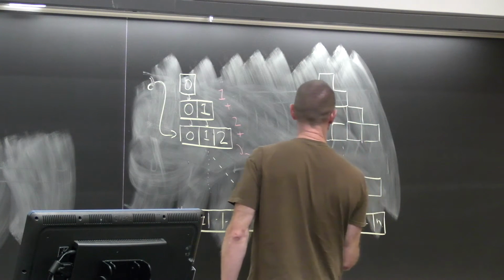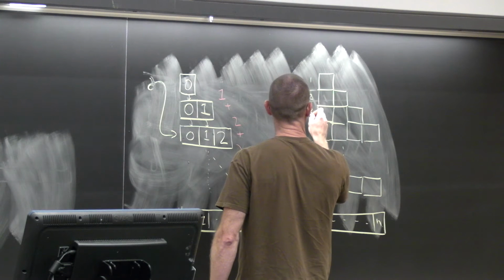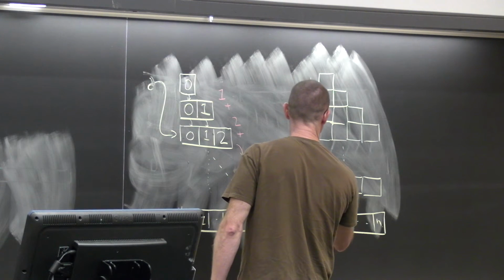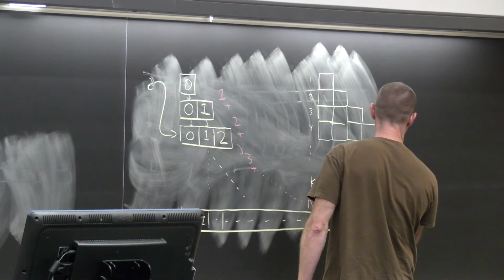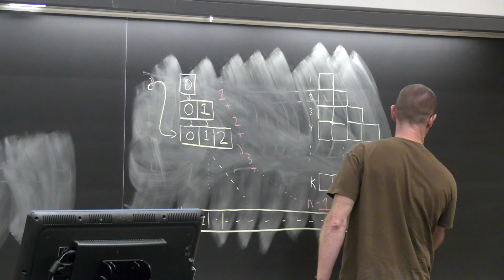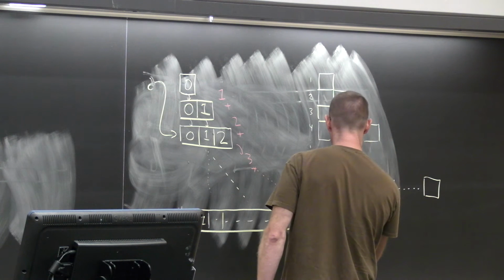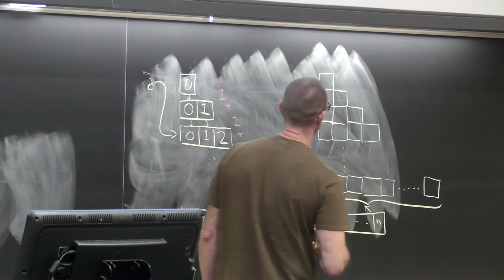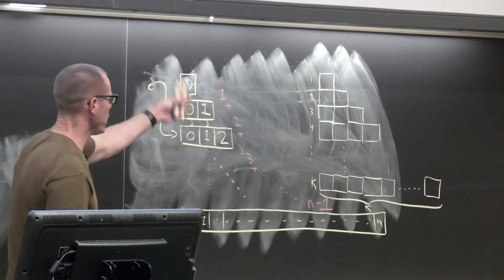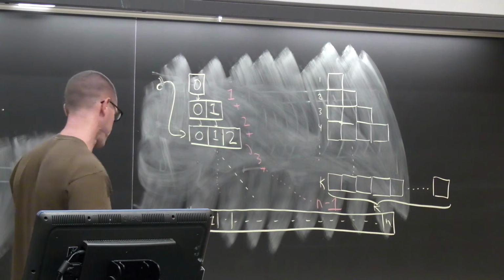Or let's say we're going to go up to k. And so this goes on and on. This thing here has size k. Okay. The question is, how many squares are in this picture?